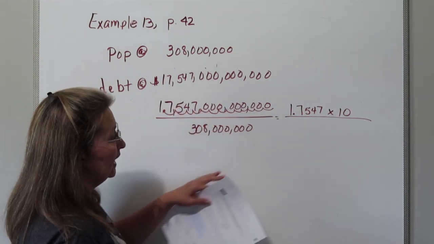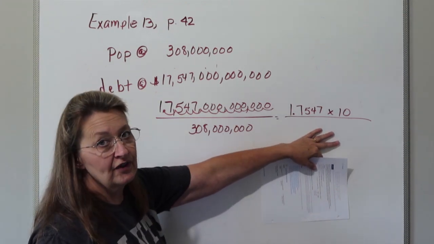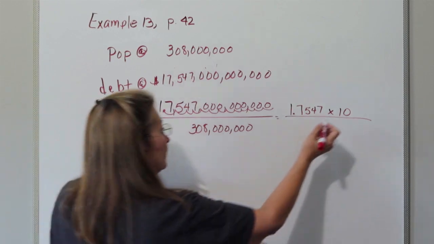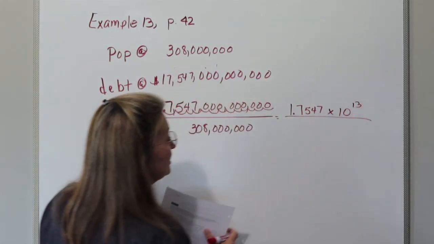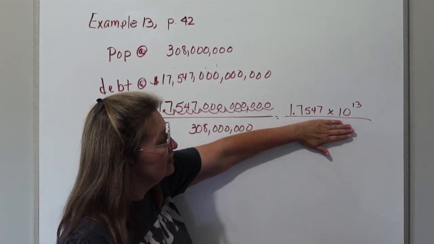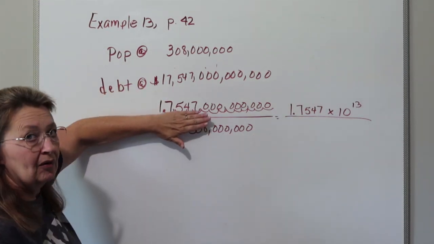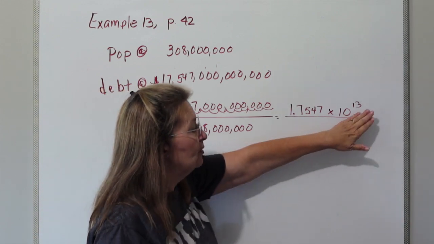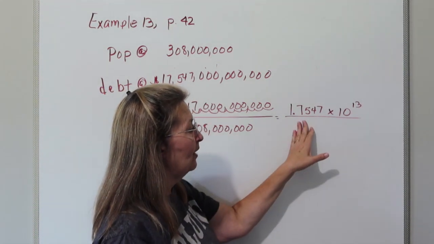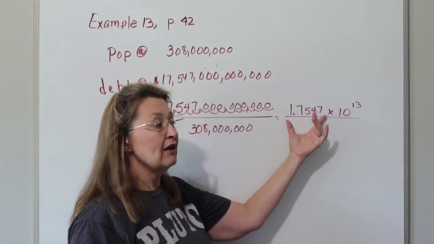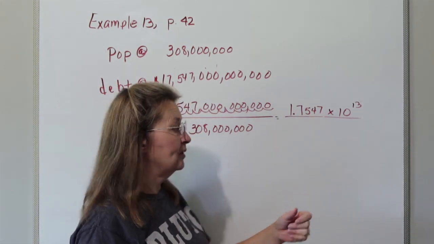Now do I need a positive 13 or a negative 13? Since I went to the left, I'm going to need a positive 13. Just think of it: I need this number to represent the original number. If I use a positive 13, what's going to happen to this number? It's going to get larger. Well, the original number is a lot larger than 1.7, so that's what I need.